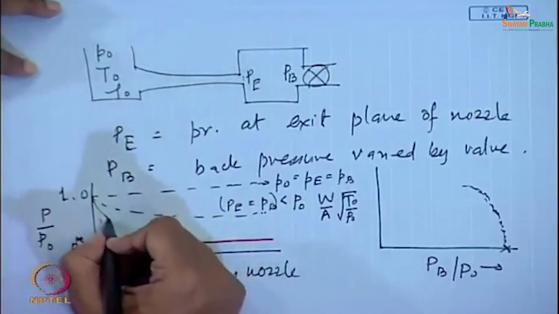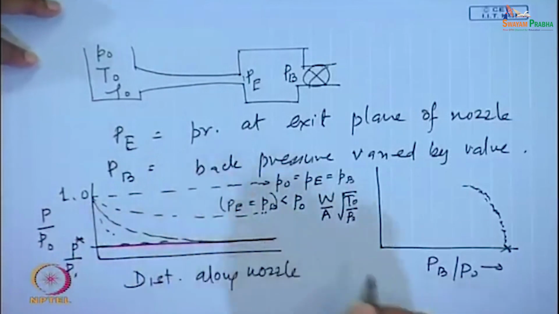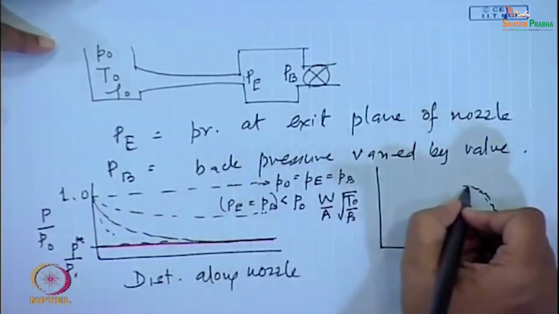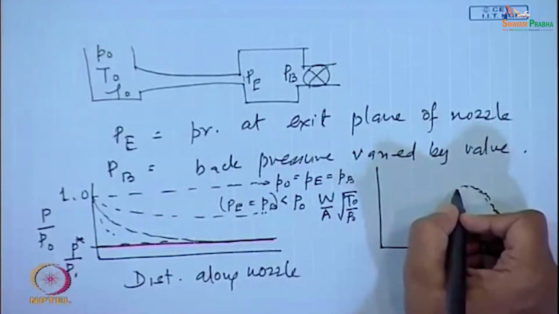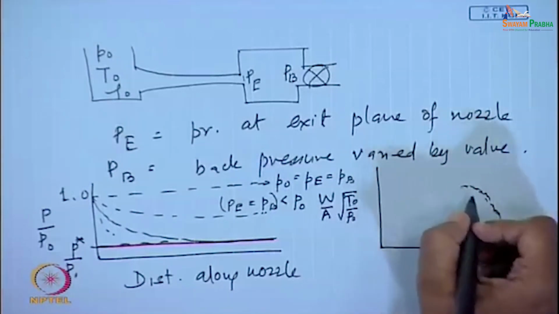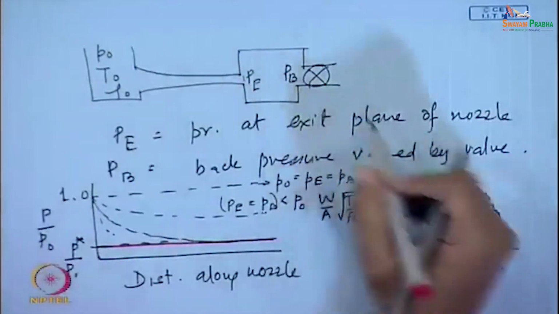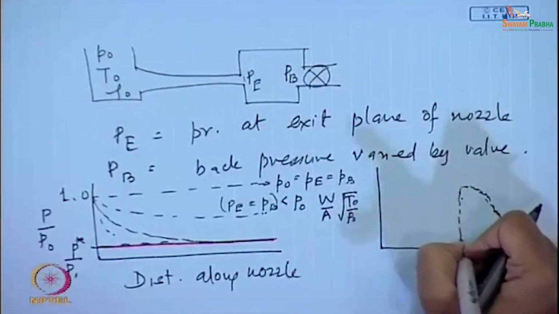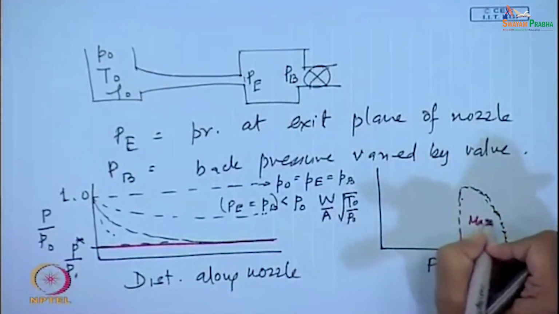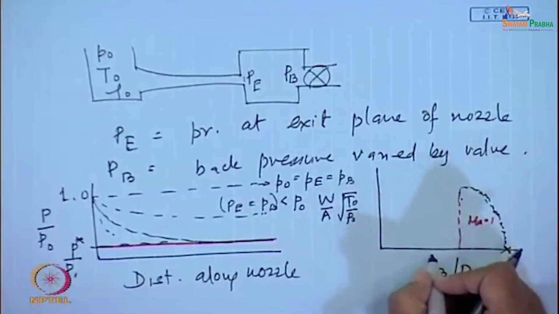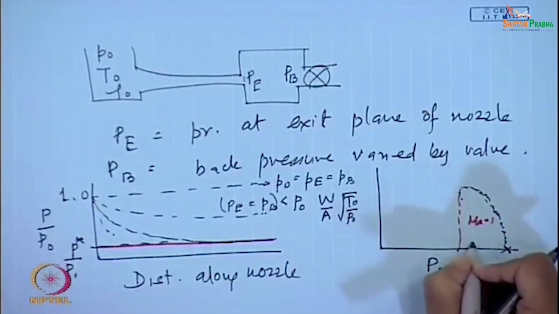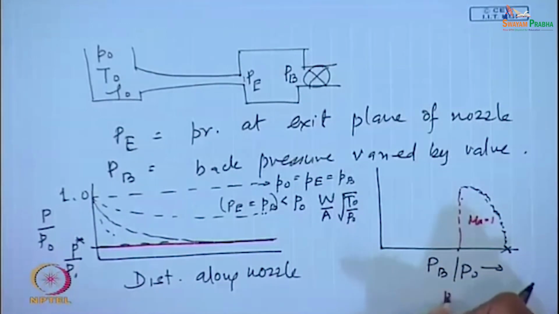So, till this portion we get the maximum flow rate in this particular case, and this occurs for Mach number equals 1 and this particular point is P star by P0.